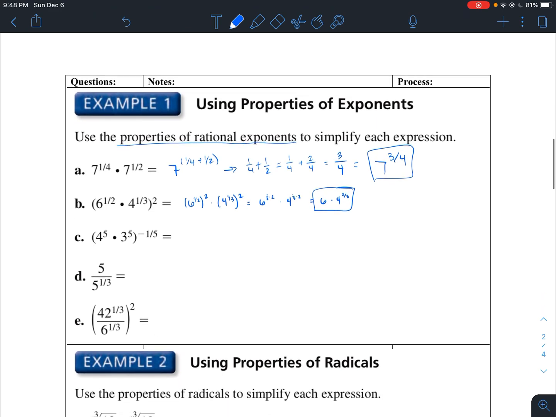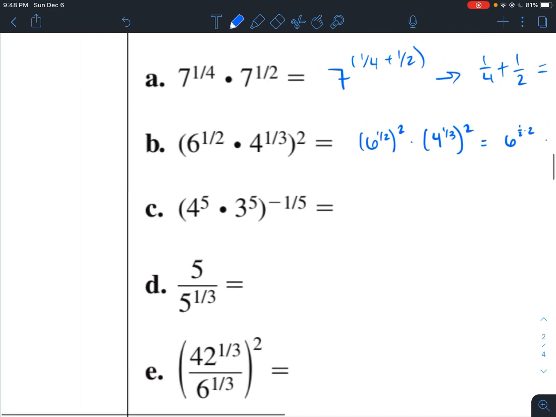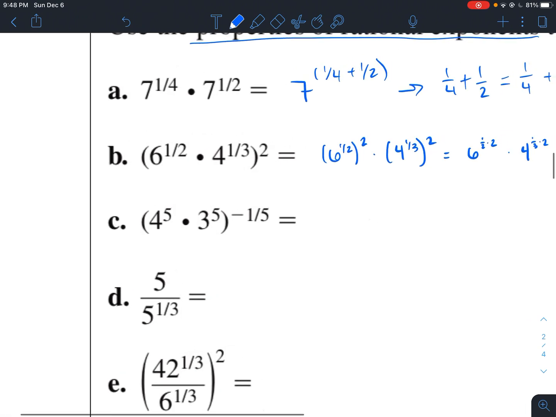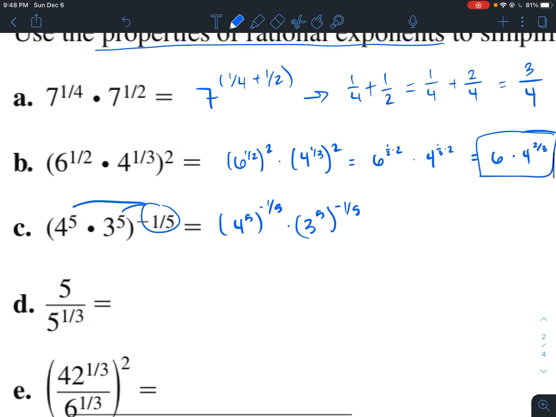Okay, so let's go to C. And I'm going to use the same power. So I have -1 to the 5th out here, so I'm going to distribute that across both of those. So I have 4 to the 5th power to the -1/5 power times 3 to the 5th power to the -1/5 power.